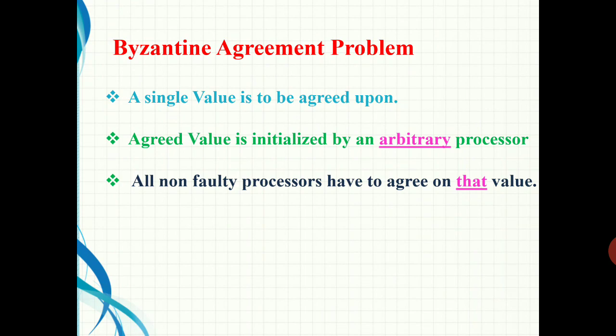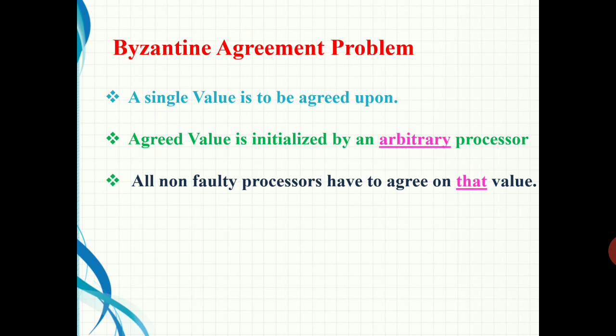So we select one of the processors from the set of processors in the system, and that is called the source processor. The agreed value is initialized by an arbitrary processor, the source processor, and all non-faulty processors have to agree on that value. That is the case of the Byzantine agreement protocol.